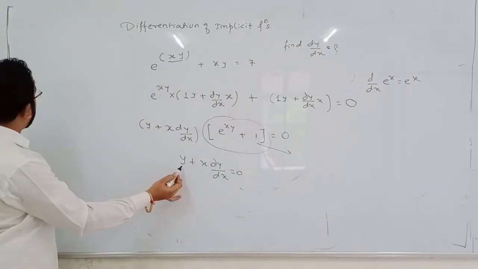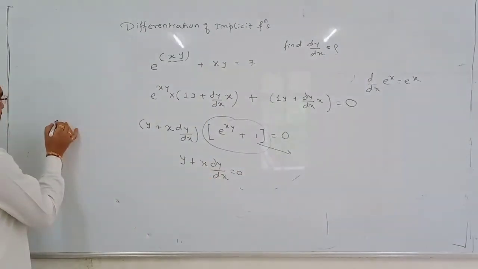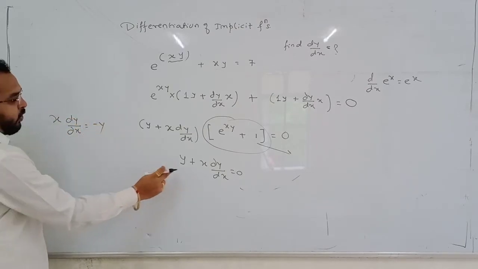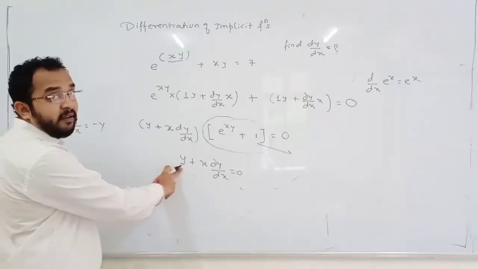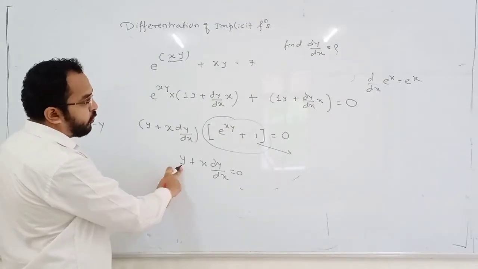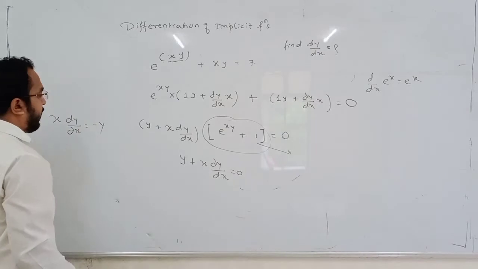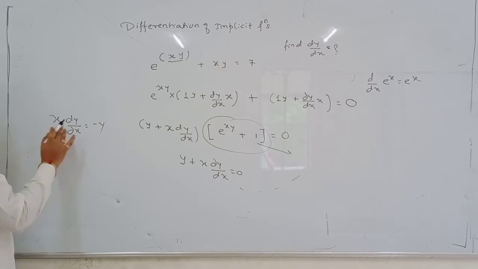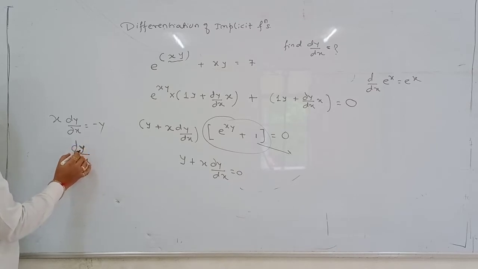When this y goes to RHS, it will become x dy by dx is equal to minus y. Here y is positive on the left hand side. When it goes to the right hand side, it will become negative, minus y. And now this x is in the numerator. When it goes to the other side, where will it go? To the denominator. So dy by dx is equal to minus y upon x.